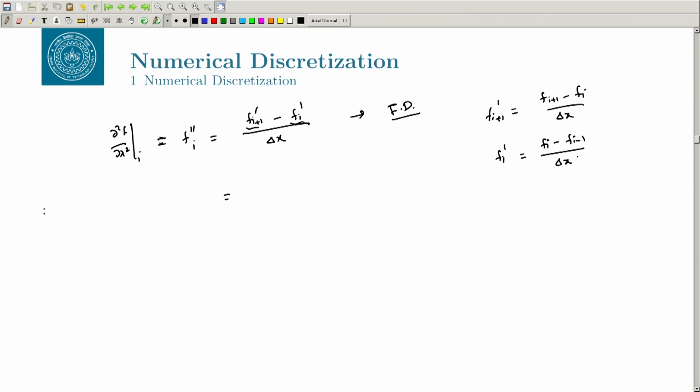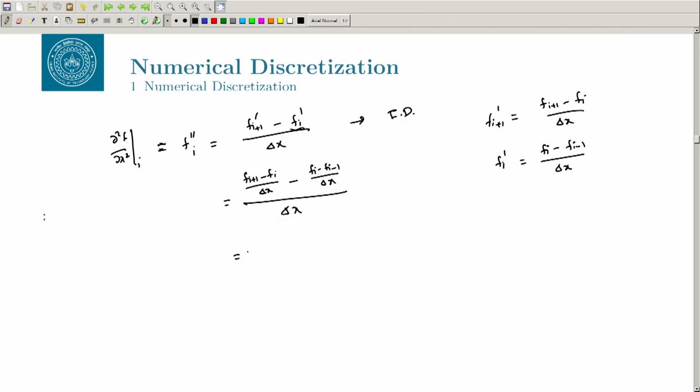So, this will become (f_{i+1} - f_i) by delta x minus (f_i - f_{i-1}) by delta x, and this will become (f_{i+1} + f_{i-1} - 2 f_i) by delta x squared.